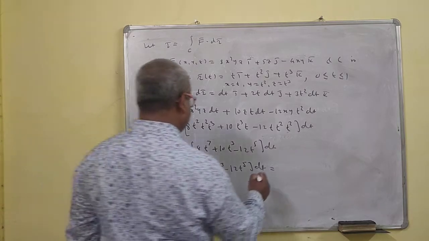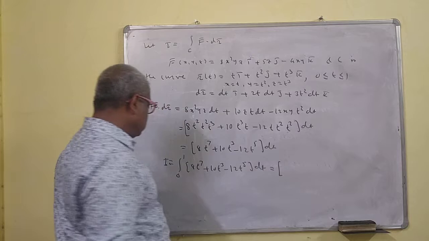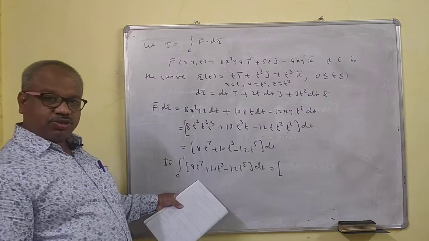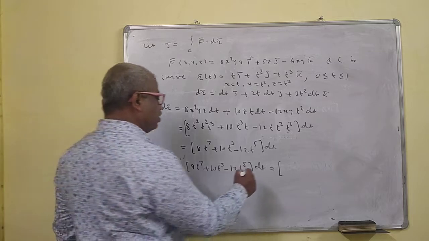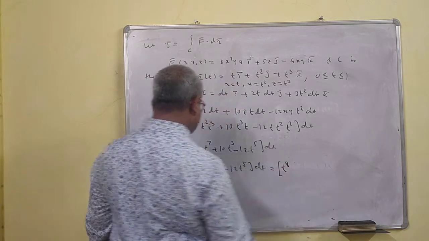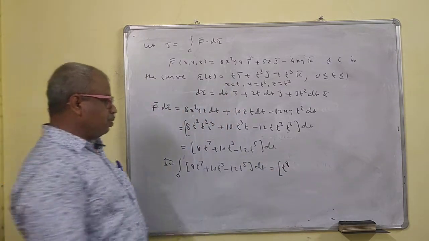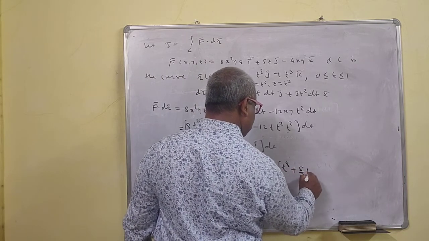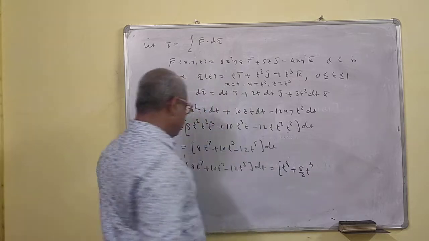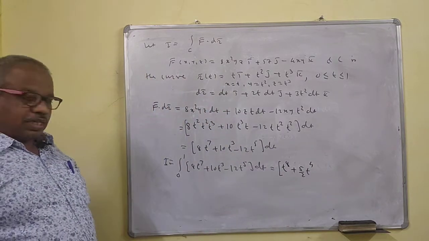Okay, so we'll integrate this. This is 8 t raised to 7, 8 as it is, t raised to 8 upon 8. 8 gets cancelled. So I can write this as t raised to 8, plus 10 upon 4, that is 5 by 2, t raised to 4.